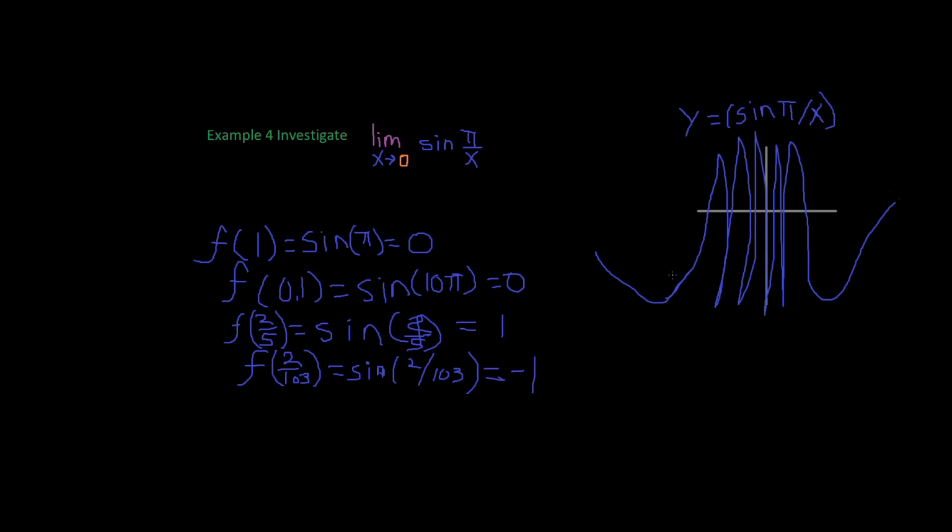And since the values of this given function do not approach a fixed number as x approaches 0, we have to say that the limit of this function, f of x equals sine pi over x as x approaches 0, and you guys could guess it, does not exist. Because there's no fixed destination.